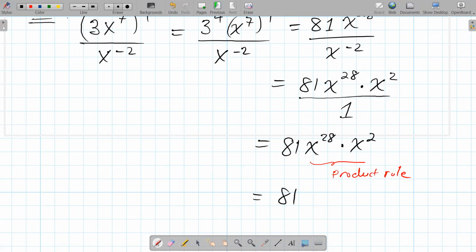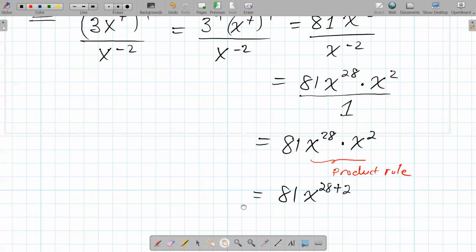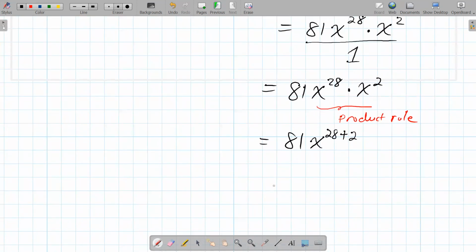The product rule says that if you have two exponential expressions with the same base, keep the base the same and sum up the powers. So 28 plus 2, and when you simplify, you're going to get 81x raised to 30, and that will be your final answer.